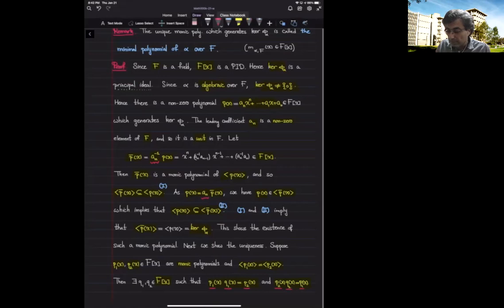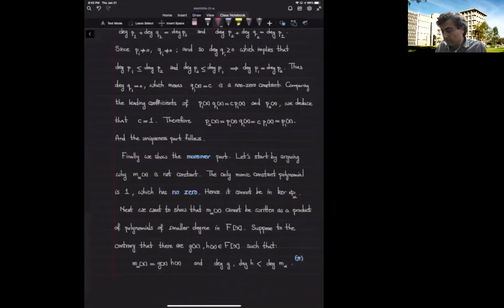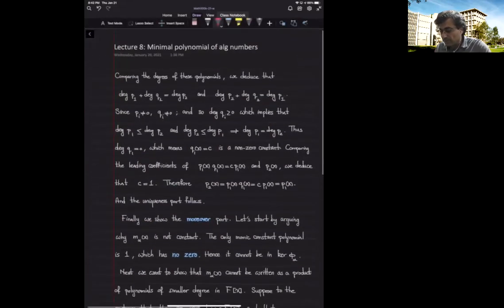So in particular, from here we can deduce again by comparing the degrees, we get these equalities, and because these are non-zero polynomials, the degrees always are non-negative, therefore the degrees are the same. Now that the degrees are the same, I can deduce that degree of Q1 should be actually 0, which means it's a constant, a non-zero constant.